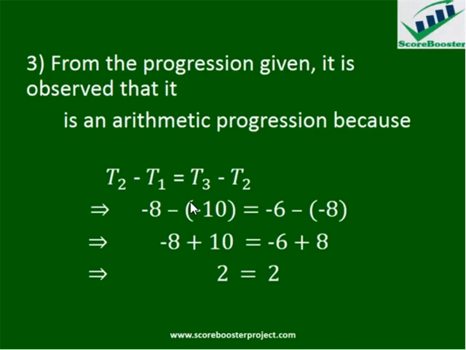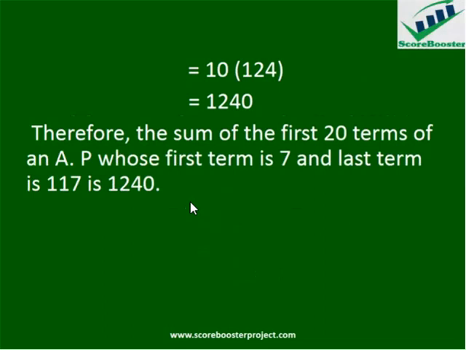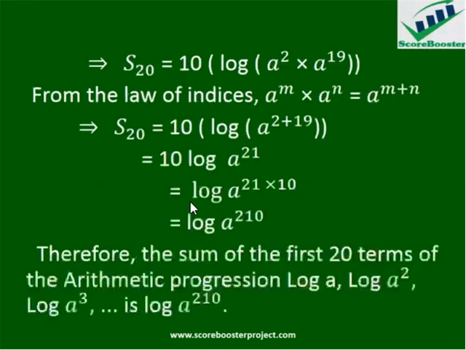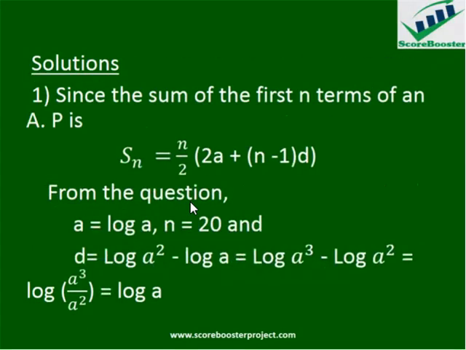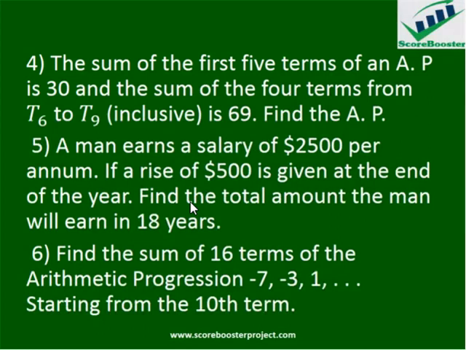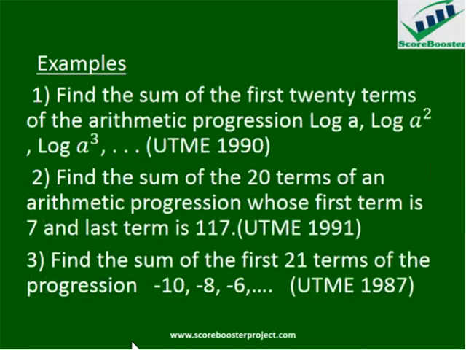Let's see what the third question says. The third question says we should find the sum of the first 21 terms of this particular progression.